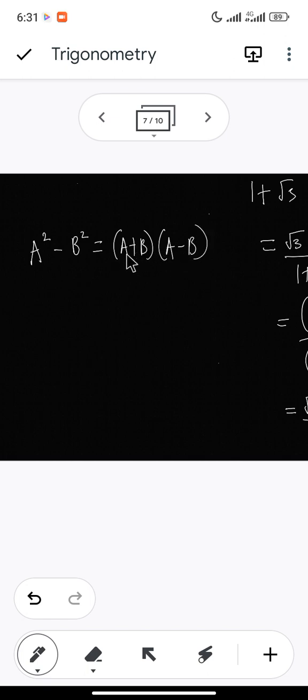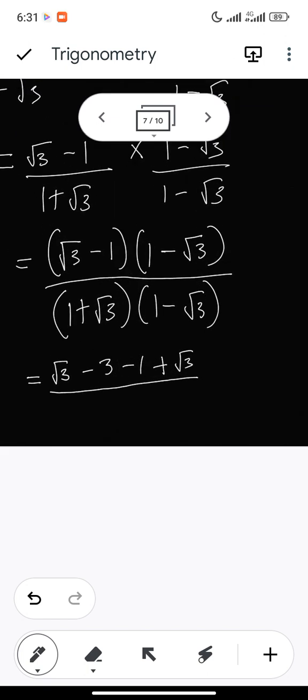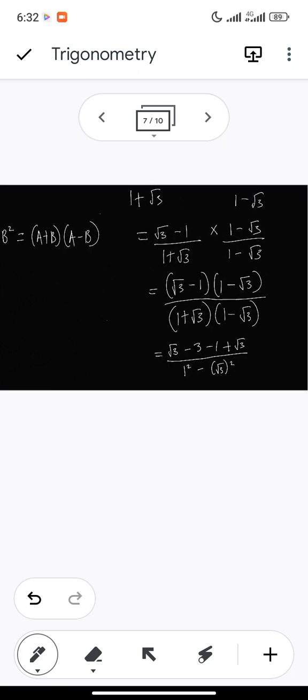If you have two brackets with the same entities, differing only by plus and minus, you're going to get back this. Applying the same principle here, you're going to have 1 squared minus root 3 squared. If you expand the brackets the way we did at the numerator, you get the same value, but this is shorter and faster.